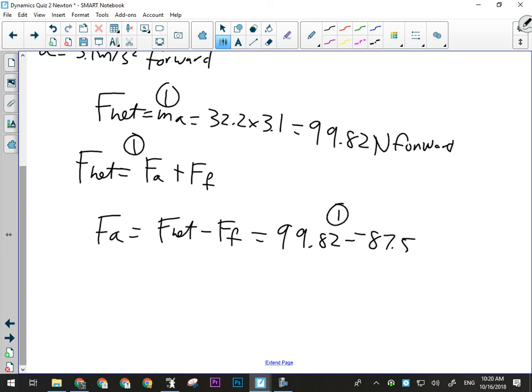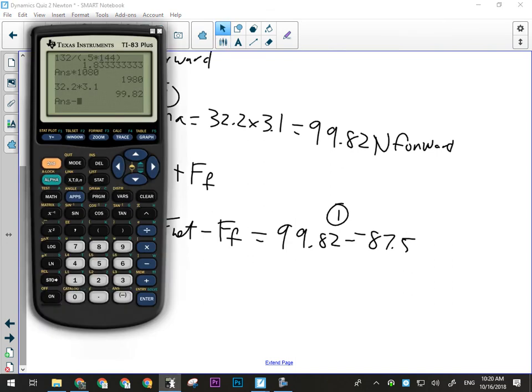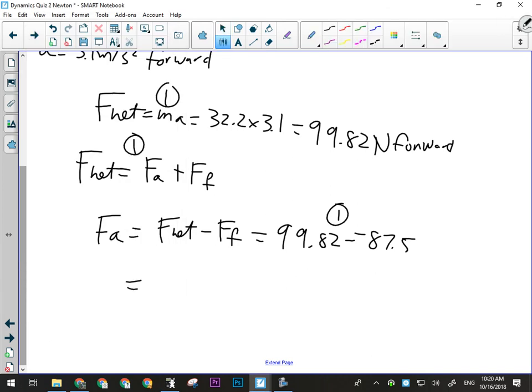That is crucial that they have that. So give them a mark if they have that step there.